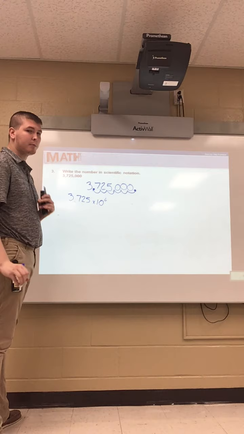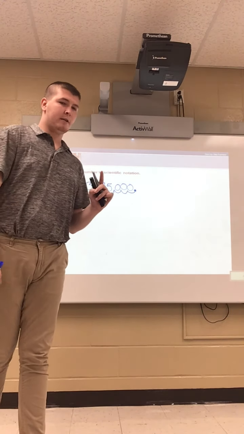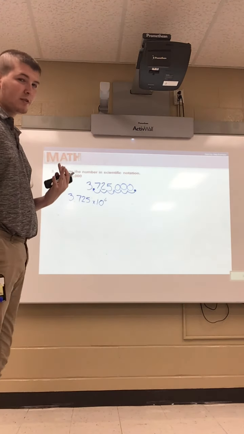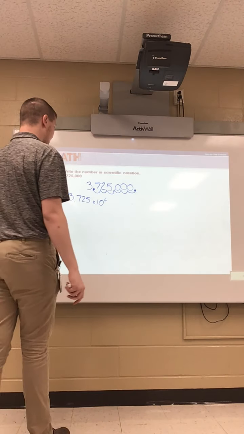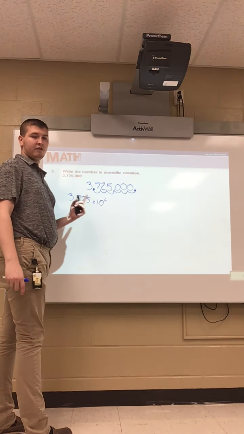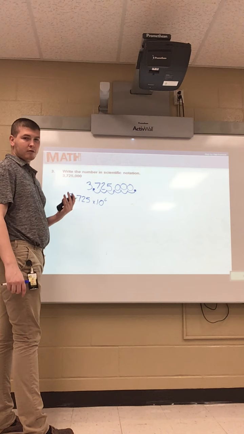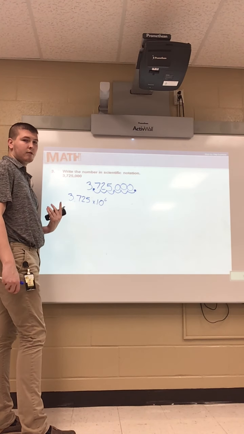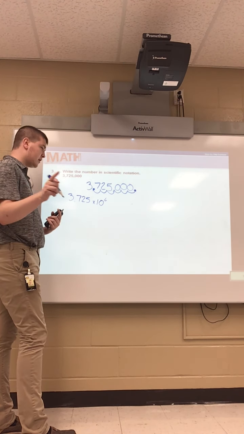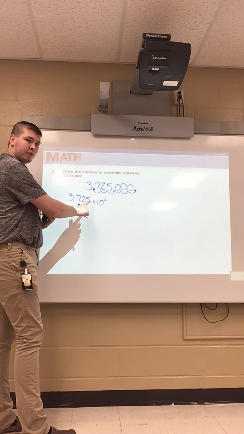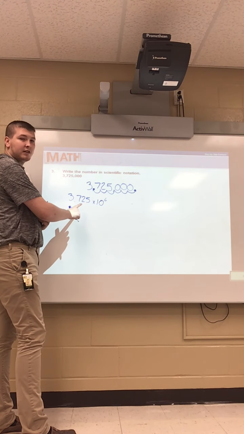But here comes the part that can be tricky. Is it a positive 6 or is it a negative 6? Well, you went to the left, right? So it should be negative 6. But this is what you're given. We're putting it in scientific notation.